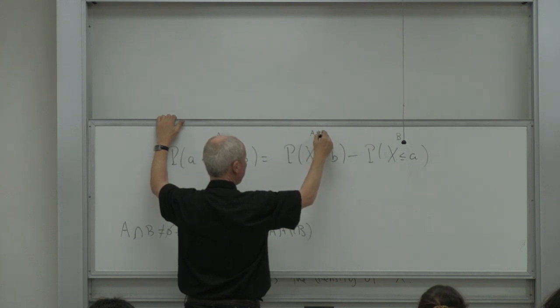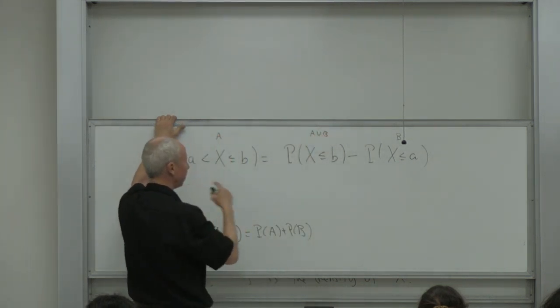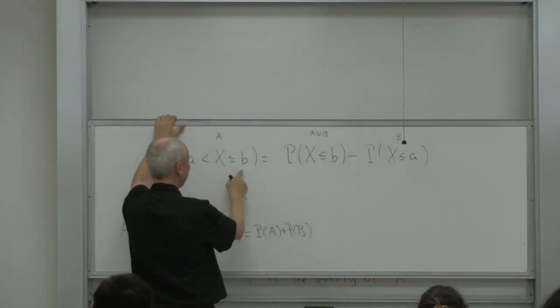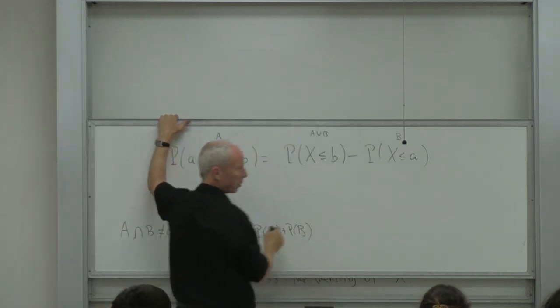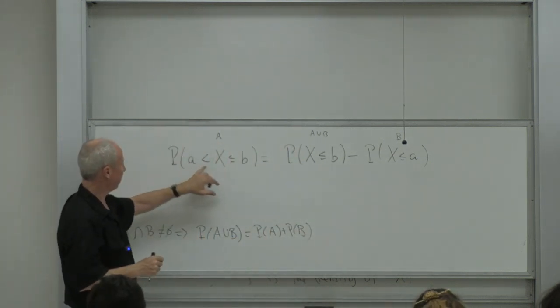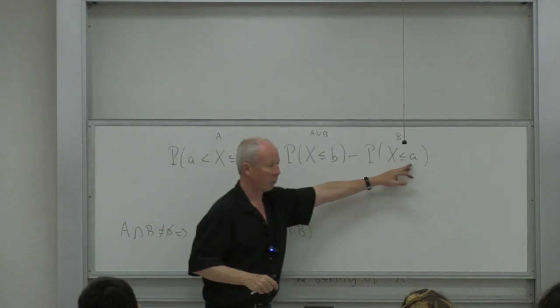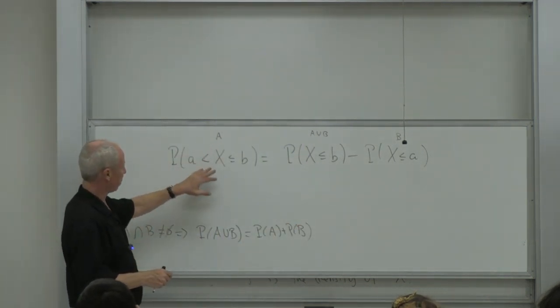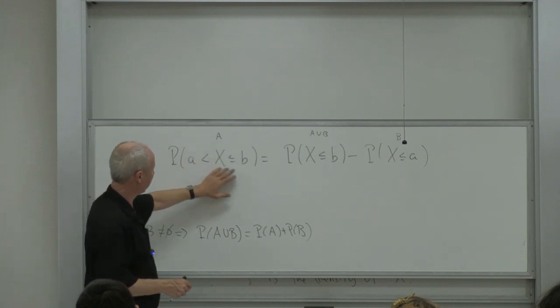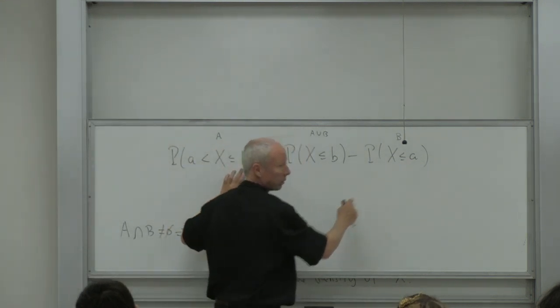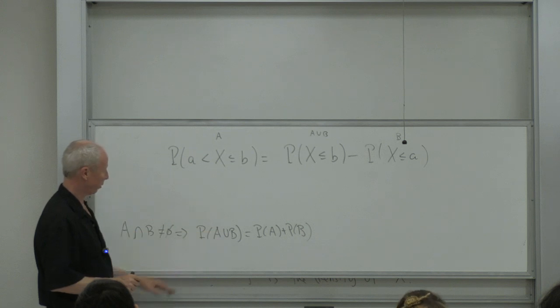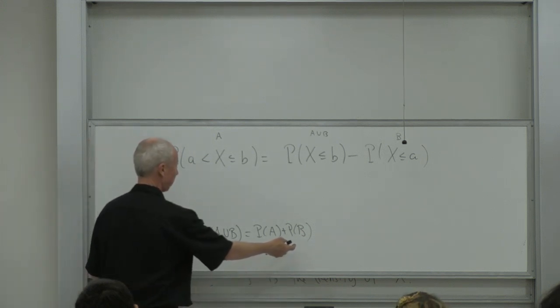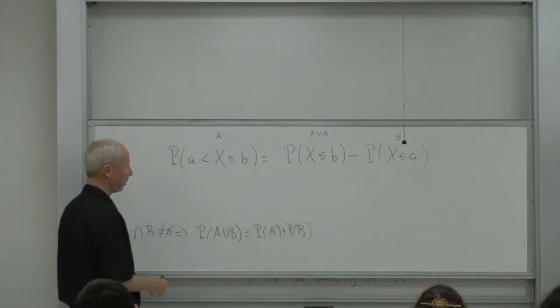This would be the event A union B. If x is less than or equal to b, it's either in here or here. It's either between these two numbers or it's less than or equal to that number. Okay? And those are disjoint events, right? You can't have x between here and less than or equal to that. So that's this thing where you just subtract this over there. Okay?